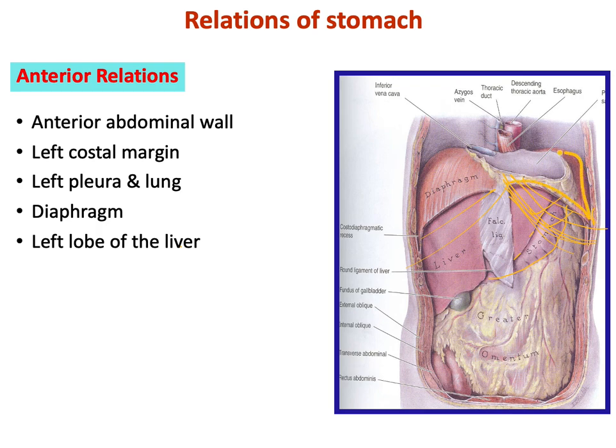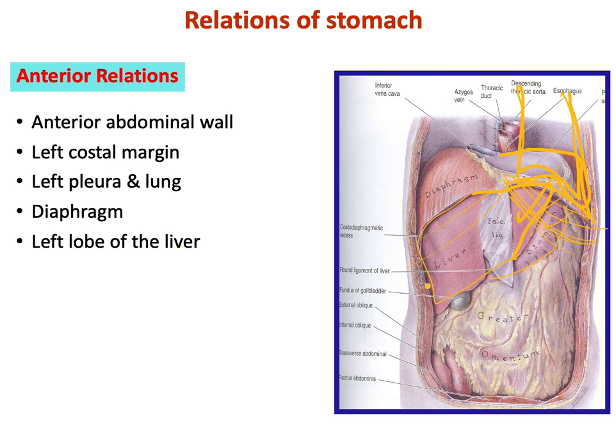So you have the anterior abdominal wall, the left costal margin here, and of course the diaphragm as you see here, and here is the location of the left lung that is covered by pleura. So that means anterior abdominal wall, left costal margin, diaphragm, left pleura and lung, and you see here the left lobe of the liver. This is the liver and this is the left lobe of the liver.